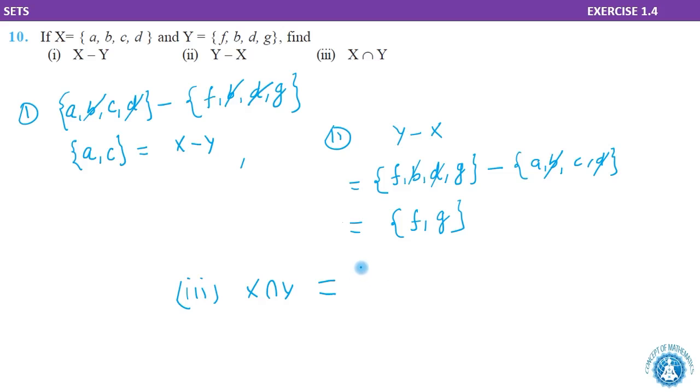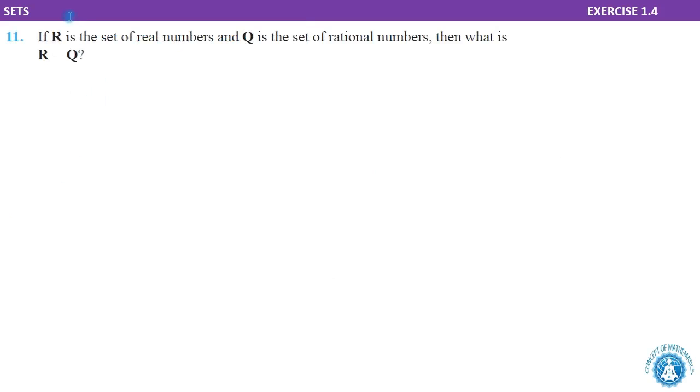Then we observe here that B and D are present in both sets, so the intersection of X and Y would have B and D as its elements, correct? Next question is, if R is a set of real numbers and Q is a set of rational numbers, then what is R minus Q?